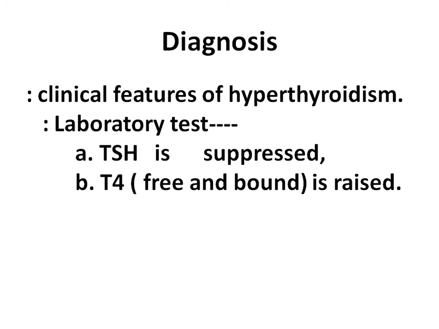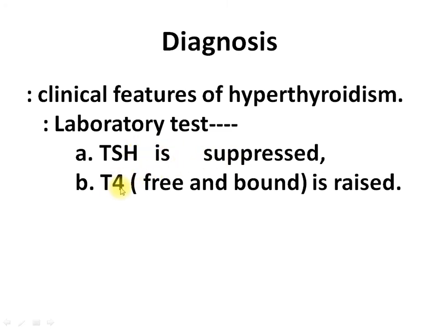For diagnosis, with the clinical features and clinical examination, we can detect the presence of the hyperthyroidism. Those happenings with hyperthyroidism we can discuss in the coming slides. With respect to the laboratory testing, here thyroid stimulating hormone is suppressed.